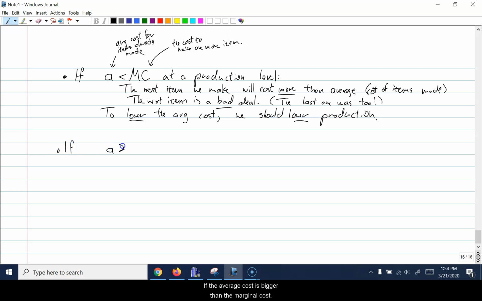If the average cost is bigger than the marginal cost, then the next item we make, its cost is given by the marginal cost. Marginal cost is the cost of the next item. Average cost is the cost of all previous items on average. The next item we make costs lower than average.